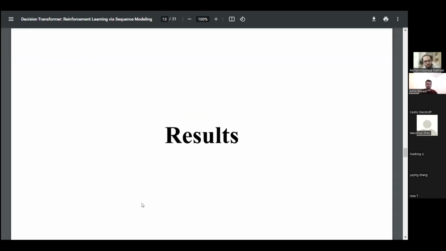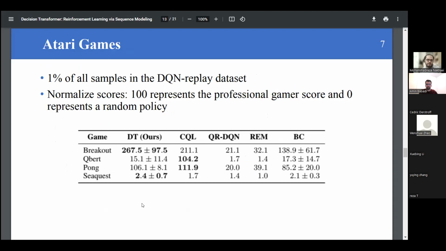So here come the results. The first one is the results of Atari games, and the authors used 1% of all samples in the DQN replay datasets. The original dataset consists of 5 million samples. So here they use 1% of that.